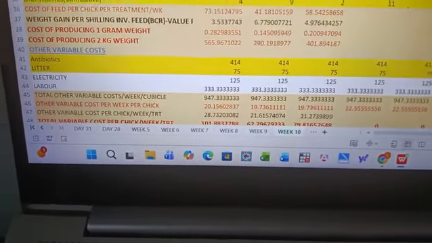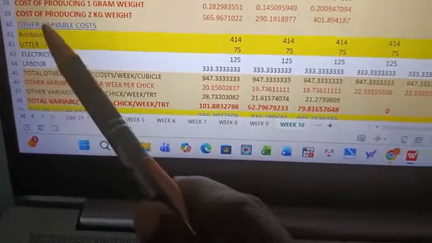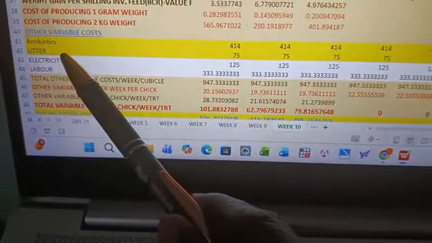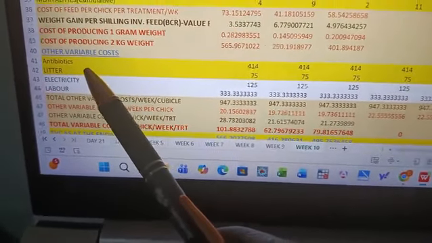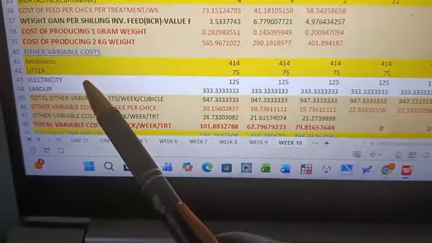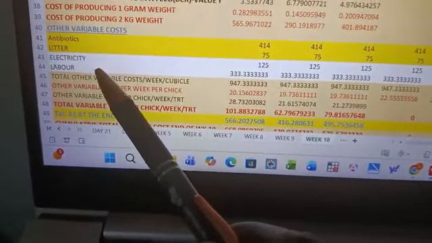Then we also are able to capture other costs of production, not only feeds. We are also able to capture how much we spend on antibiotics, the litter. This is because our system of production is deep litter system, so then you have to add sawdust on a weekly basis to ensure that the birds have a very good and healthy environment.